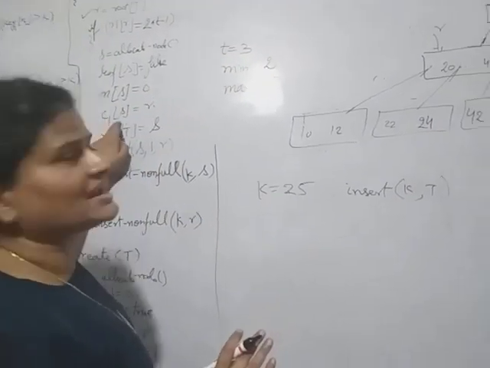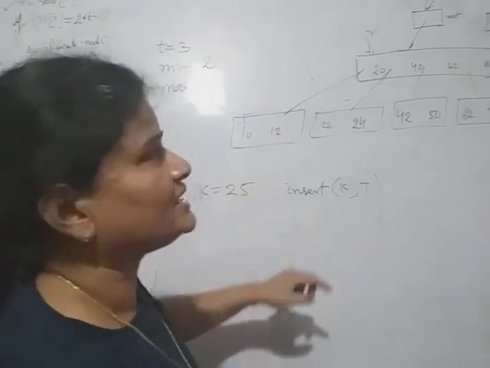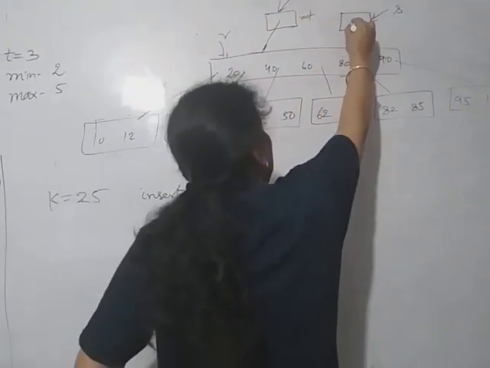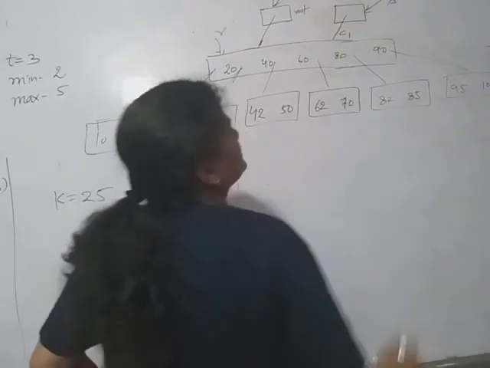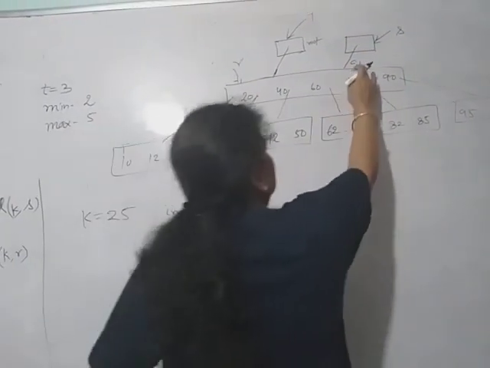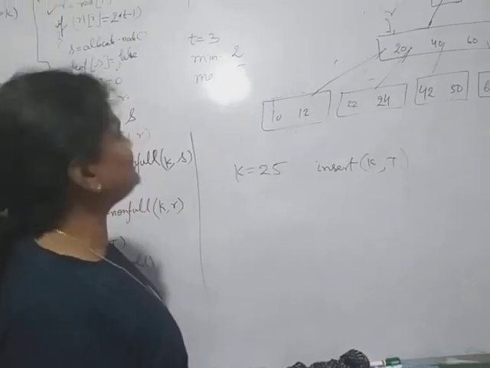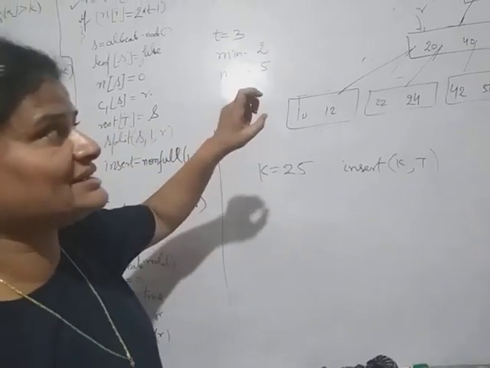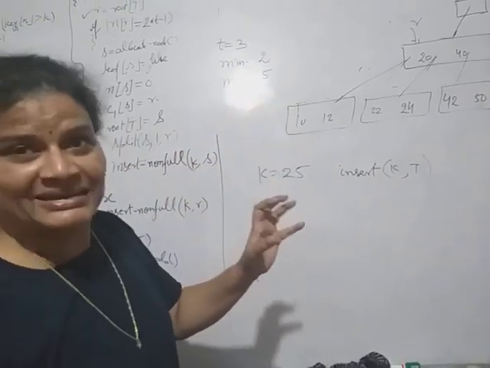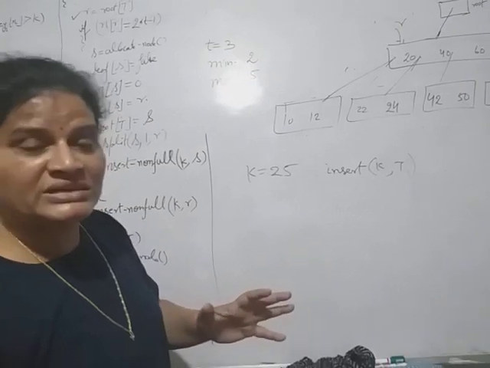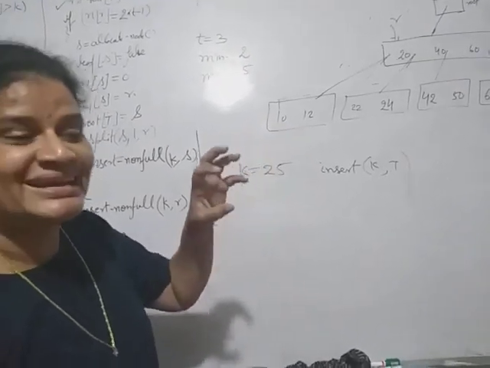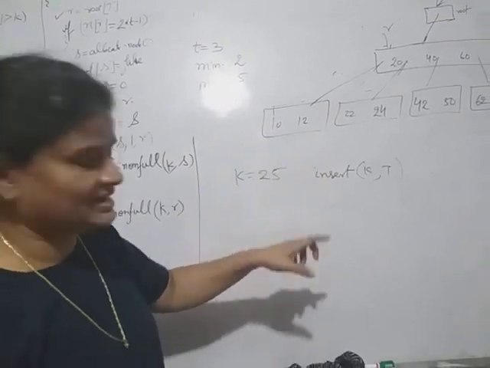Now the first child of S: I will make R, which was full, the first child of S. So this is the first child. See, the first child of S will become R. Now root of T: I said that there is a concept of a header node. When the root is split, the root itself does not change, but the address stored within the root will be changed.